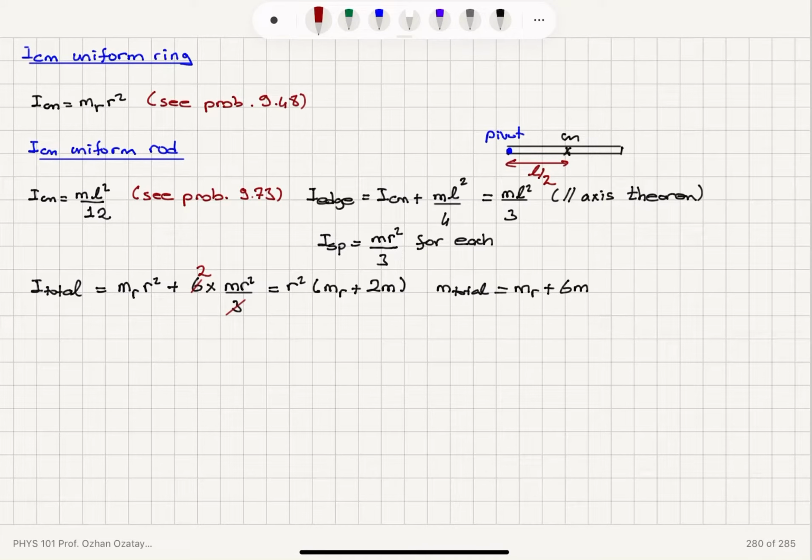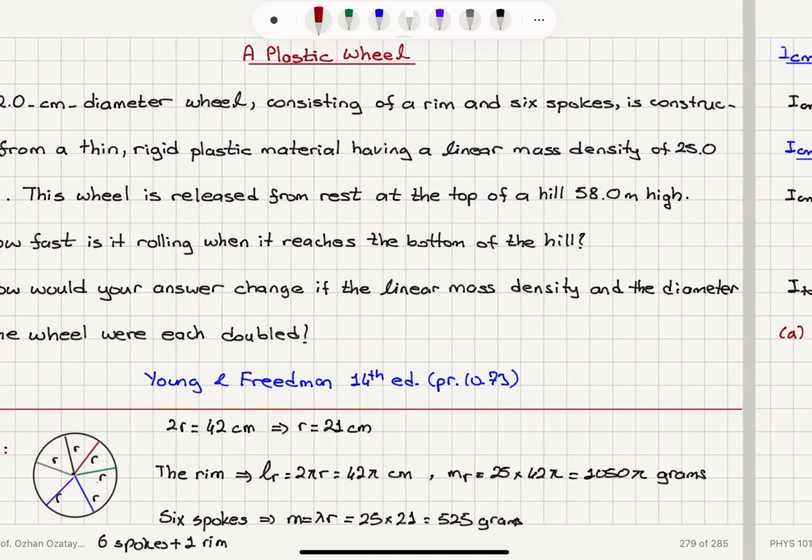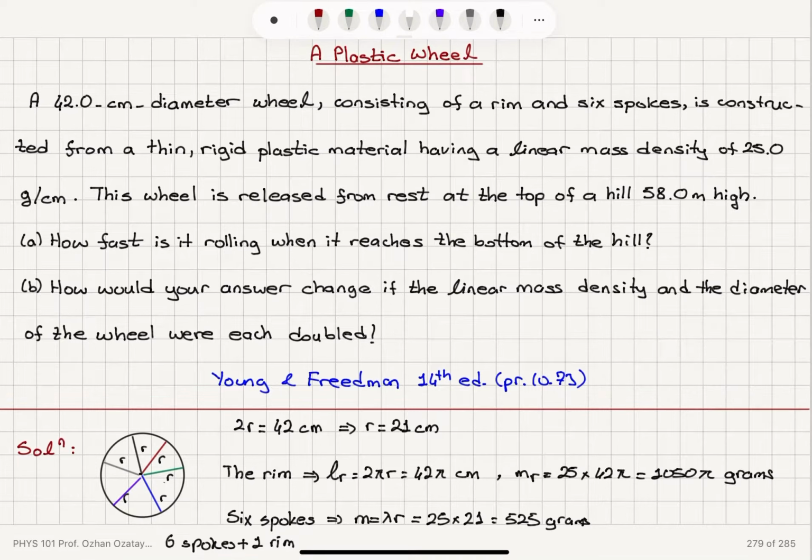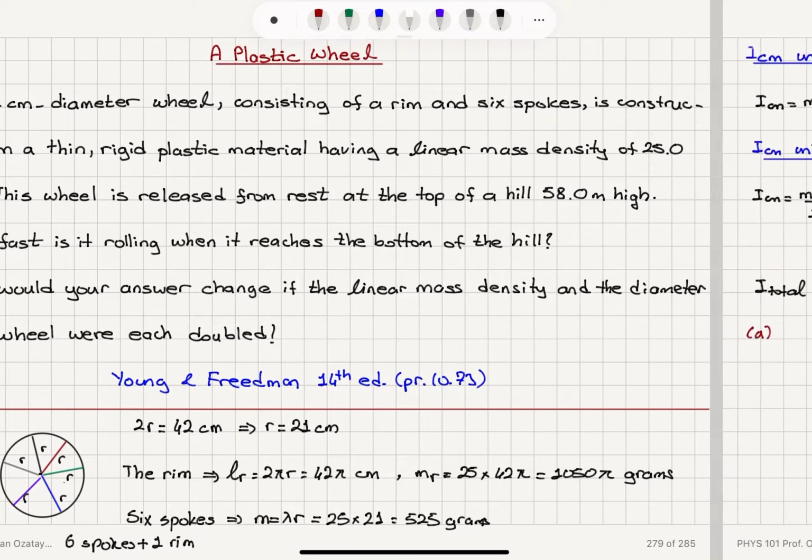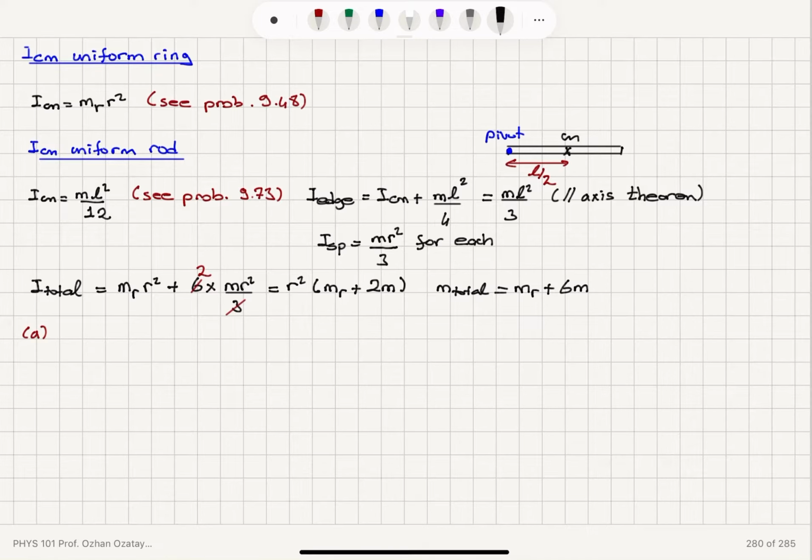Okay, so let's start with part A. This is on top of a hill, 58 meters high. It is released from rest. How fast is it rolling when it reaches the bottom of the hill? So we have an initial potential energy, U initial, equal to the total mass, M total, g h.